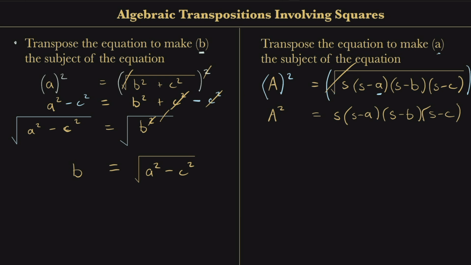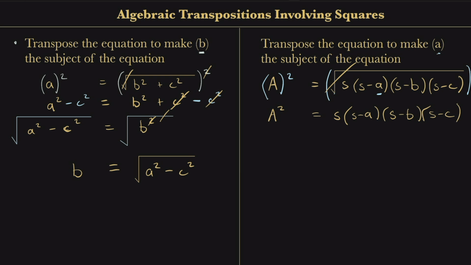I want a by itself, so what I'm going to do is divide by all the things that I want to be left just with this term. So I'm going to divide by this term and this term and this term all in one go. So let's have a look what that looks like.